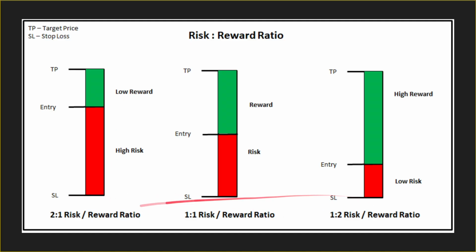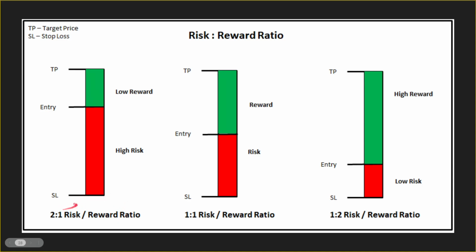And here we see three different examples of risk reward ratios, with the left one being a 2-to-1 risk reward ratio. This is considered high risk, where you are taking on 2 risk for every 1 reward, whether that's percentage, dollars, it doesn't matter.